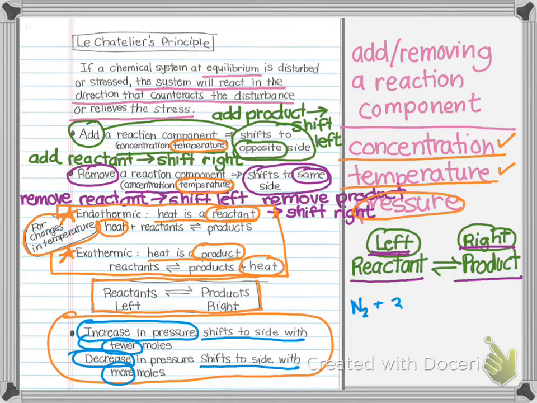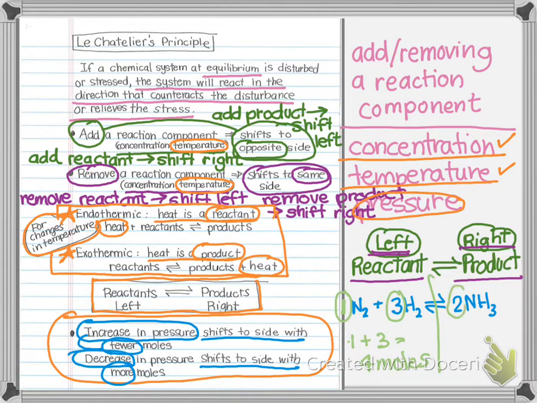I just don't have very much space here to write the G. So here's a reaction, and these are all gases. How we figure out which side has more moles and fewer moles is by the coefficients and adding them. So here's a 1 and here's a 3. On the reactant side, I have 1 plus 3, so I have 4 moles.